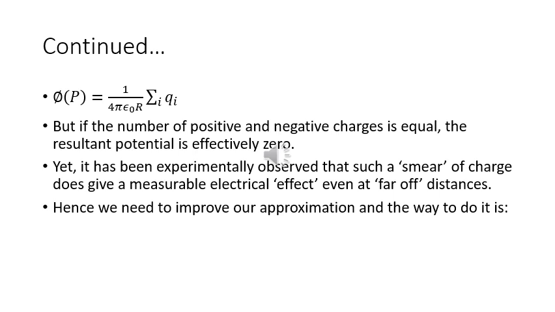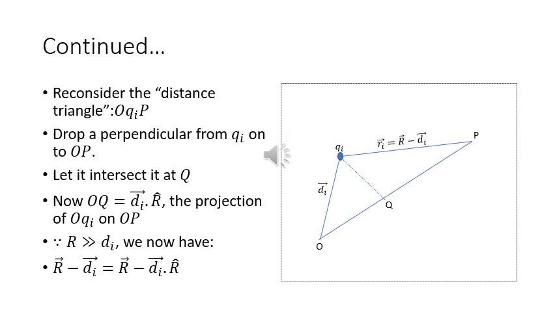Yet, it has been experimentally observed that such a smear of charge does give a measurable electric effect even at far off distances. Hence, we need to improve our approximation, and the way to do it is as follows. Reconsider the distance triangle OQiP. Drop a perpendicular from Qi onto OP.